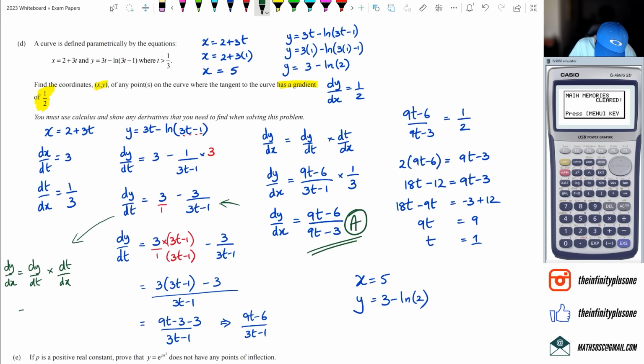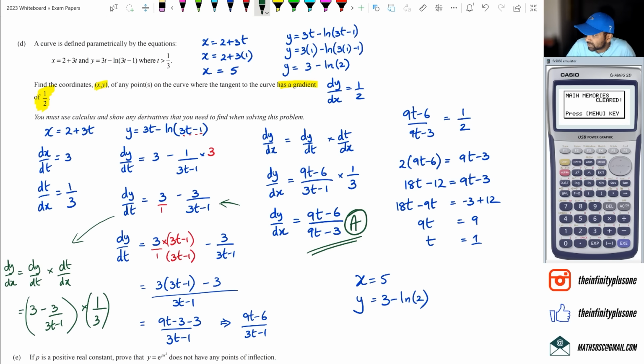So you could have just written it like this: 3 minus 3 over 3t minus 1, that's your dy dt, multiplied by 1 over 3. That's another way to do it, so that you can still at least get an achieved if you feel a little bit lost putting that whole denominator as one single denominator.